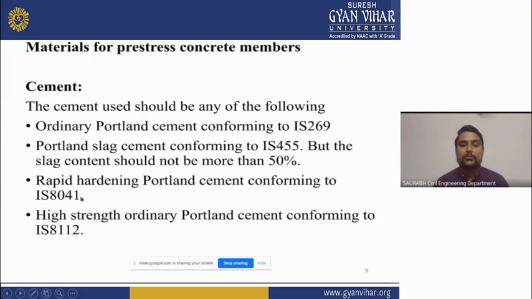You can also use Portland slag cement conforming to IS 455, but the slag content should be not more than 50%. You can also use rapid hardening Portland cement conforming to IS 8041, and one more cement, which is known as high strength ordinary Portland cement conforming to IS 8112.